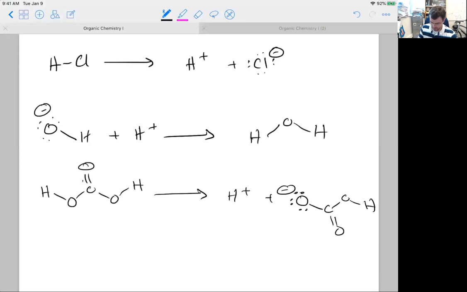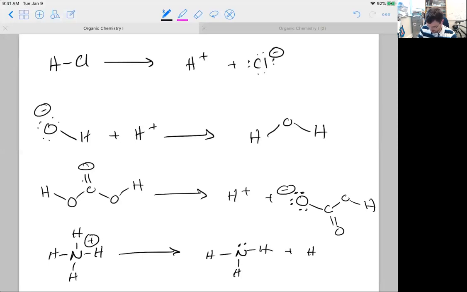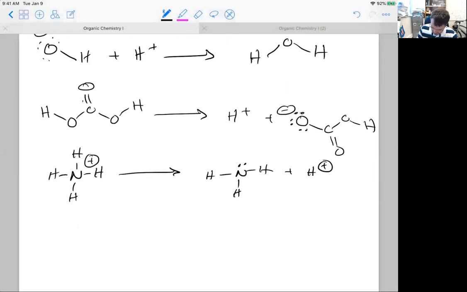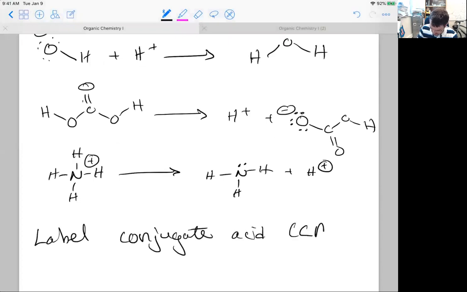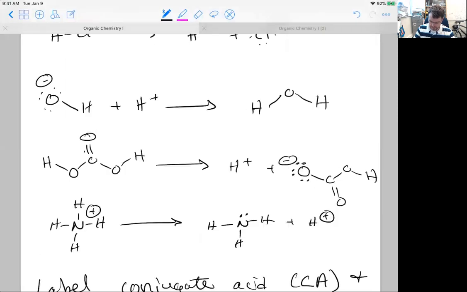And then let's say we've got ammonium reacting to give this molecule plus H+. What I want to do is for each of these, I want to label the conjugate acid, which I'll call Ca, and conjugate base, which is Cb. So we've got Ca and Cb that we need to label.